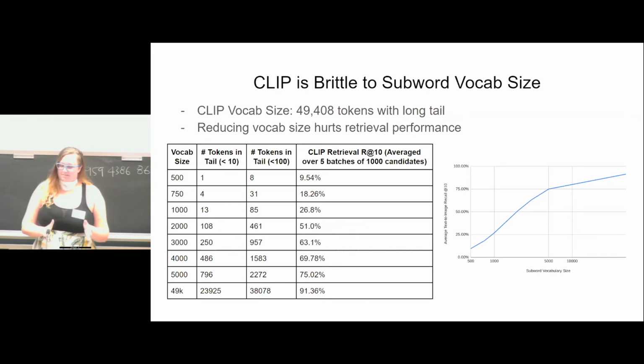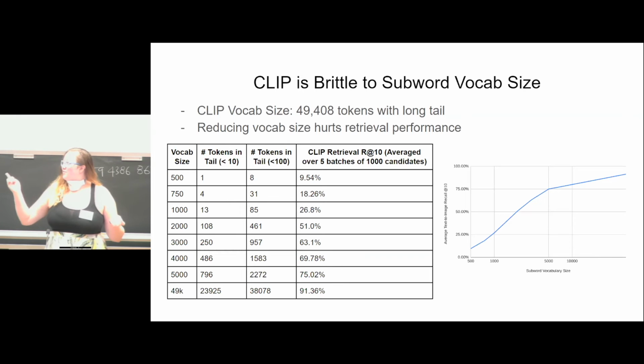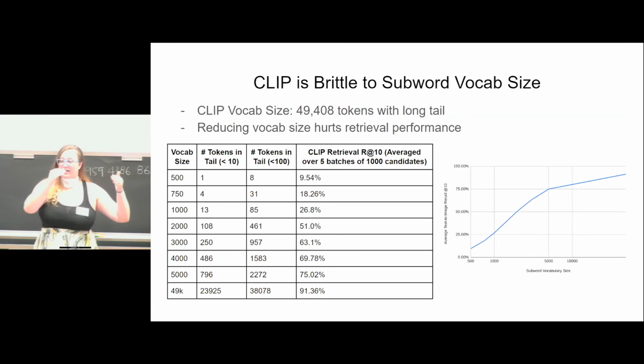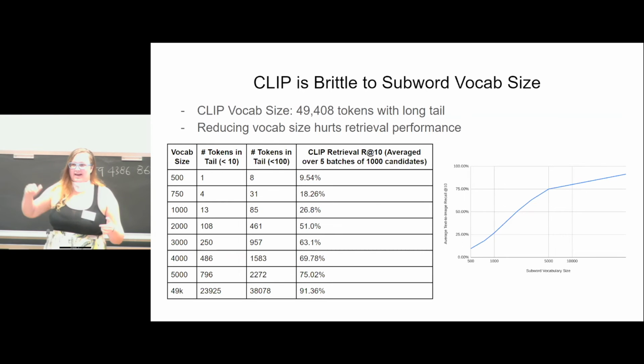When we reduce that vocabulary size in order to address that long tail and to have a smaller number of potential labels, the retrieval score, measured in terms of recall at 10 for text to image retrieval if we use the ground truth caption that is read aloud in the speech, drops from 91% to 75% when we go down to 5,000 tokens, which is still a large set of labels. And if we bring it down to the point that we have less than 100 tokens in the tail, we're down to 26% instead of 91% recall at 10. So this is a problem.